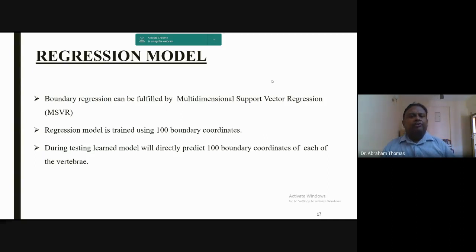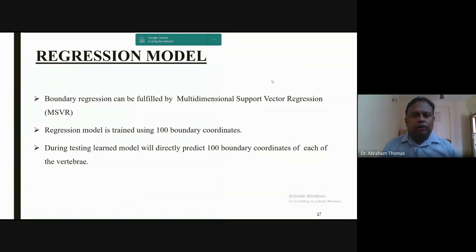So basically, we have to find a mapping from the feature vector of dimension 784, which contains HOG, GIST, and SIFT. From this feature vector, we have to map it into 100 boundary coordinates.